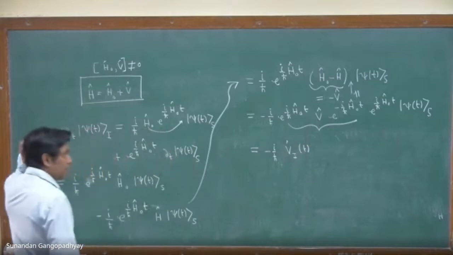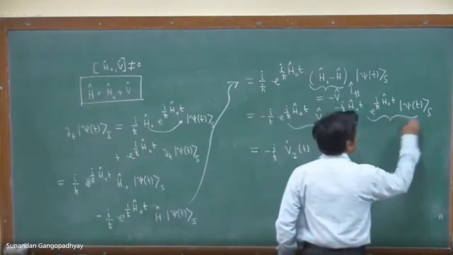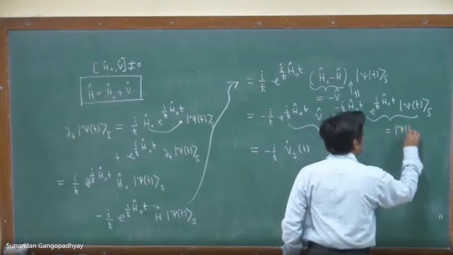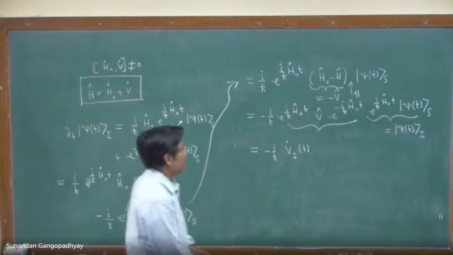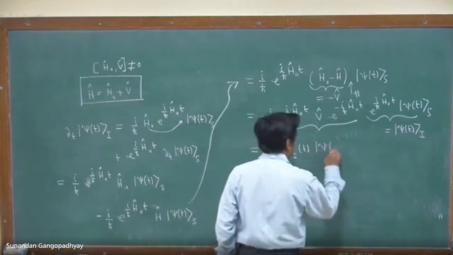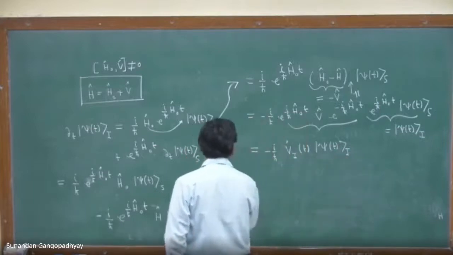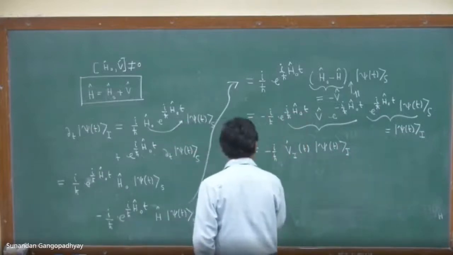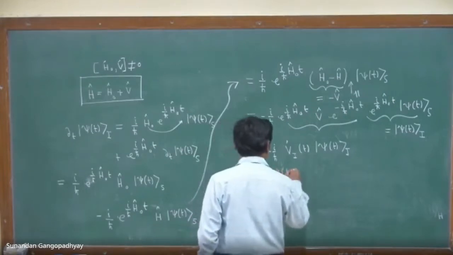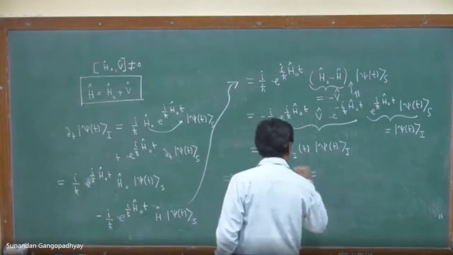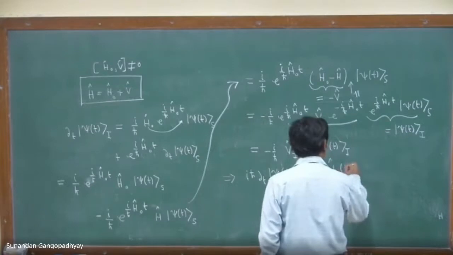But we have already seen that this piece is nothing but the state gate in the interaction picture. Therefore, this is psi t I, and now we have the equation of motion. This implies that i H bar del t psi t I is equal to V hat I t psi t I.